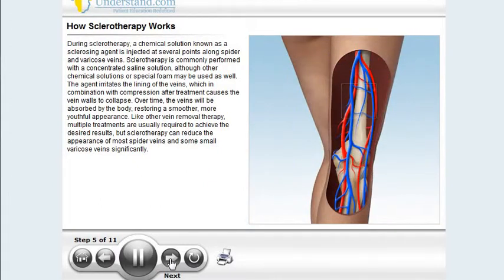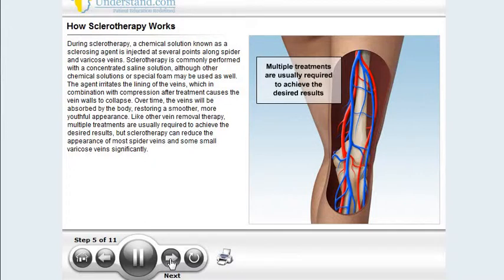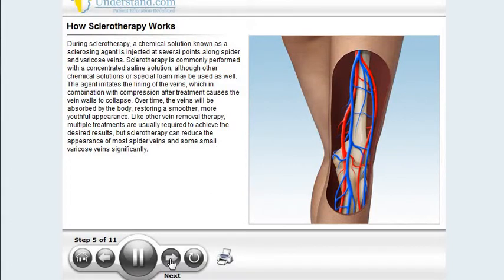Over time, the veins will be absorbed by the body, restoring a smoother, more youthful appearance. Like other vein removal therapy, multiple treatments are usually required to achieve the desired results. But sclerotherapy can reduce the appearance of most spider veins and some small varicose veins significantly.